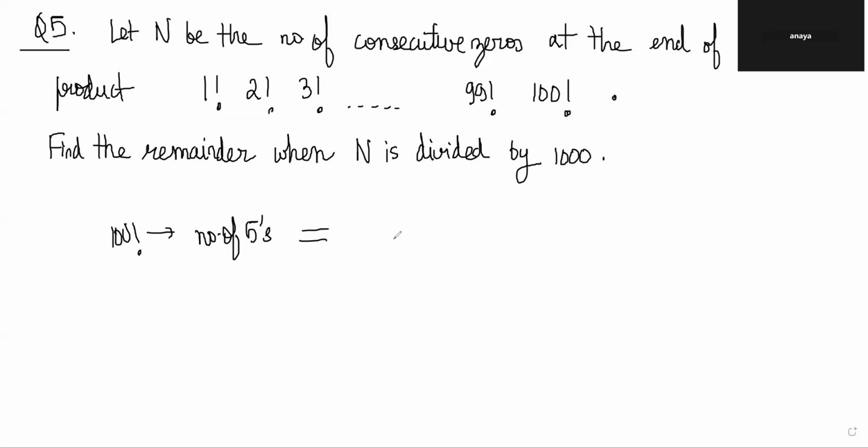Well, there's one 5 in 5, then another 5 in 10, another 5 in 15, and you keep doing that. What's the method that we have discussed that gives you the answer? I had told you a formula or a summation.